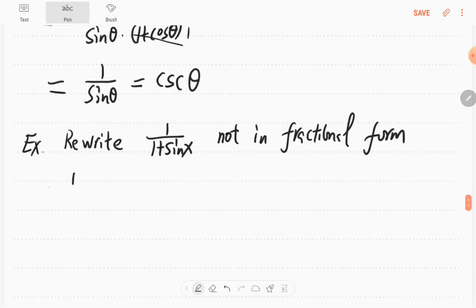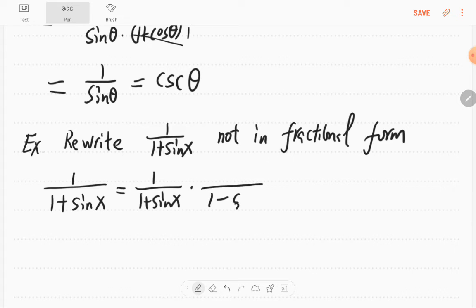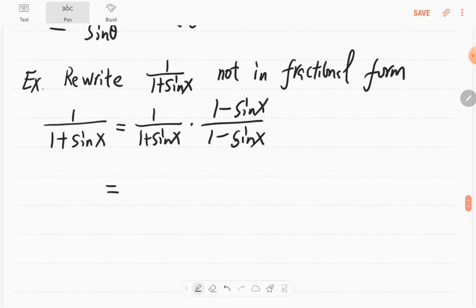So the idea is, we can write this one as 1 over 1 plus sine x times 1 minus sine x over 1 minus sine x. Of course, the top is also 1 minus sine x, so we didn't change anything, right? So it's equal to 1 minus sine x over 1 minus sine squared.